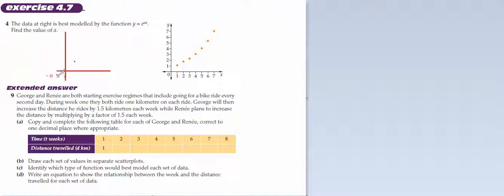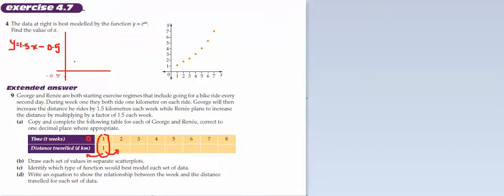So I think that George's rule is going to equal y equals 1.5x minus 0.5. Because this starts at 1 and 1, and our y-intercept is when x equals 0. So if I'm going up by 1.5, I need to go down by 1.5 to get back to that point.